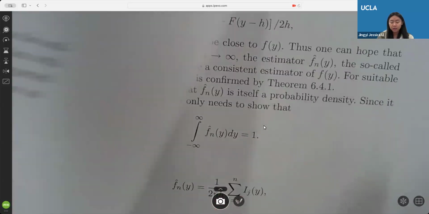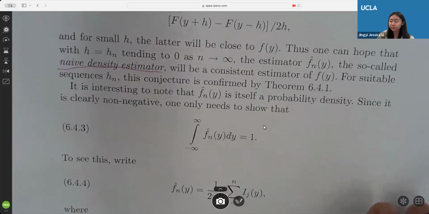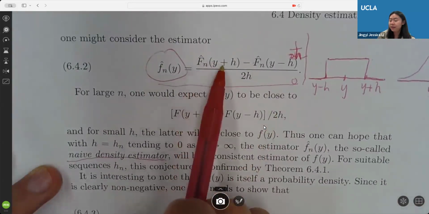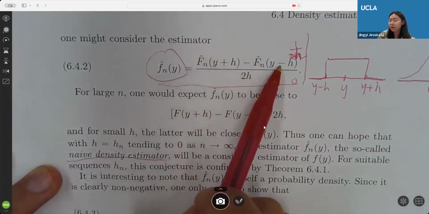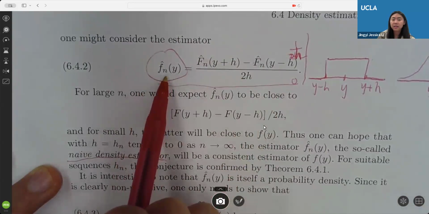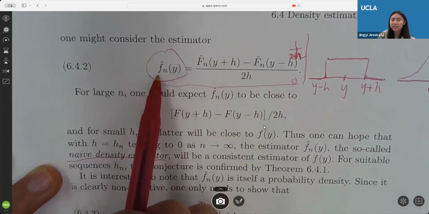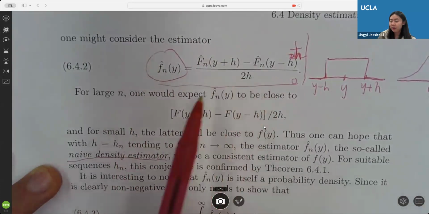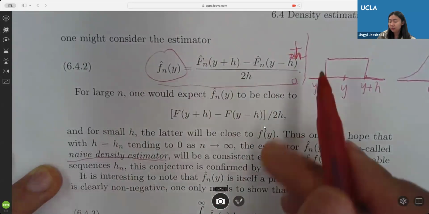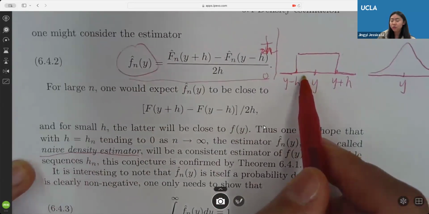Okay, so therefore, the plug-in version is naturally this one. We're changing F to F_n hat, the empirical CDF, and everything stays. And we call that the density estimator. But if we think about it, this is essentially corresponding to a kernel of this uniform form.